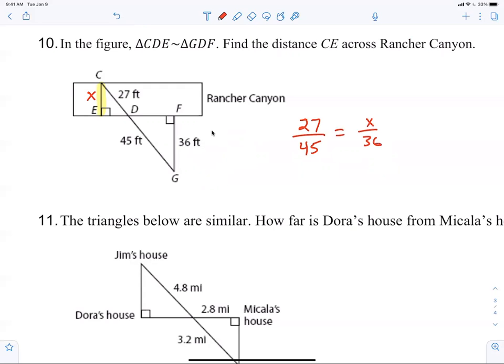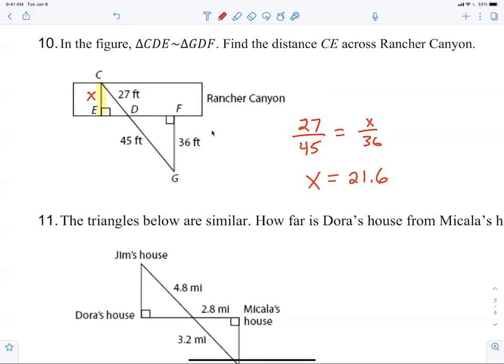Just cross multiply, divide. 21.6. Anybody else get 21.6? I got 21.6. All right, we'll go with that. 27 times 36 divided by 45.